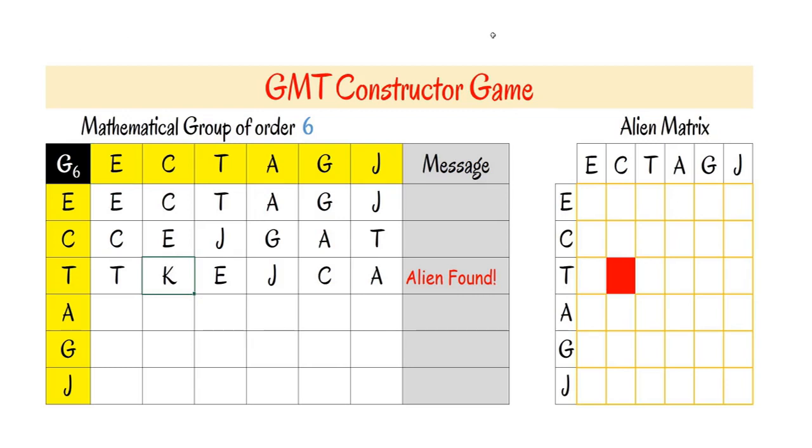In the case of a group multiplication table of order 6, it is very easy, but assume that you have to prepare a group multiplication table of order 24, which is the case of the methane molecule, which has all 24 symmetry elements.